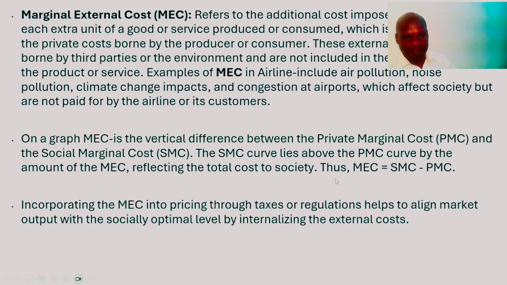Thus, MEC will be SMC minus PMC. Incorporating the MEC into pricing through taxes or regulations helps to align market output with the socially optimal level by internalizing the external costs. So government interventions should be aimed at internalizing the external costs so that they are reflected in the pricing strategies of the airlines.